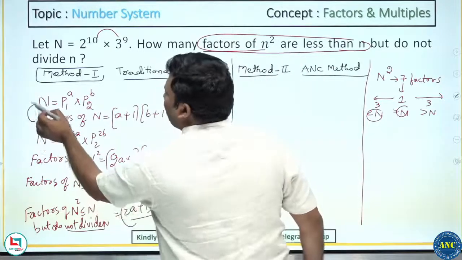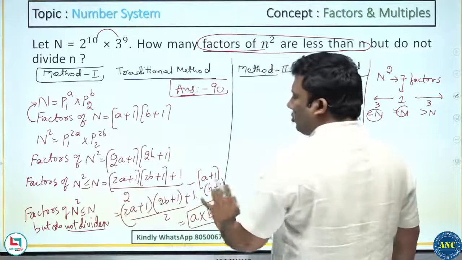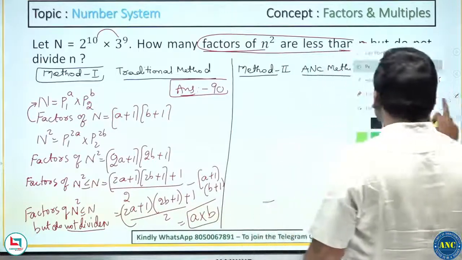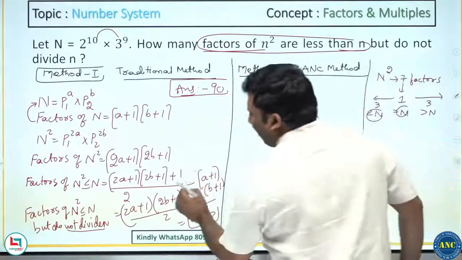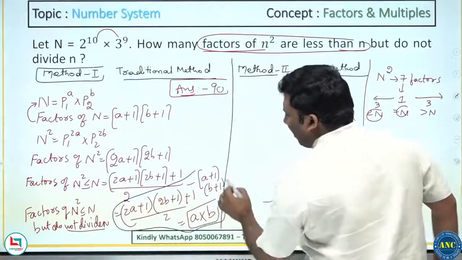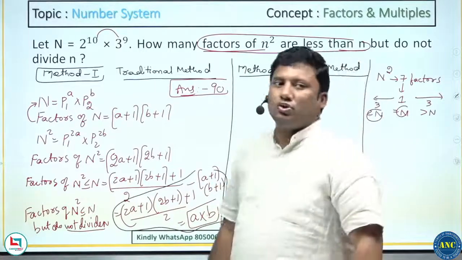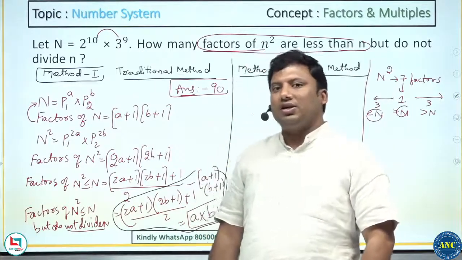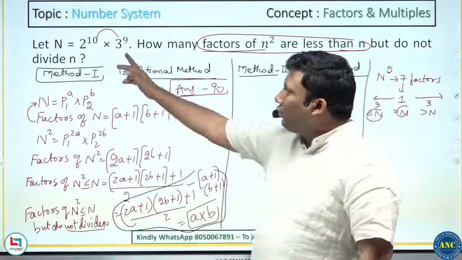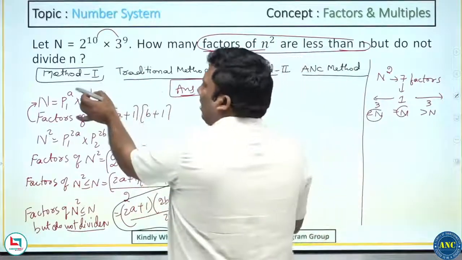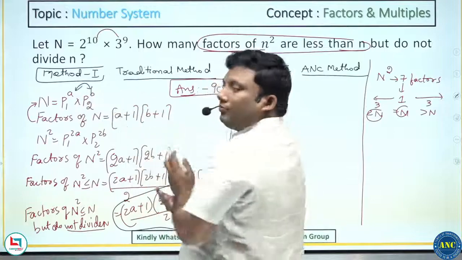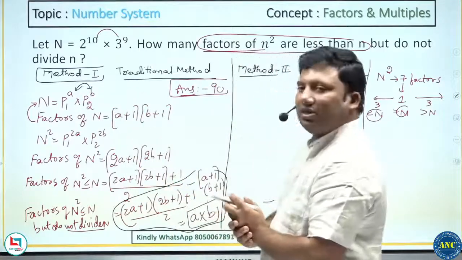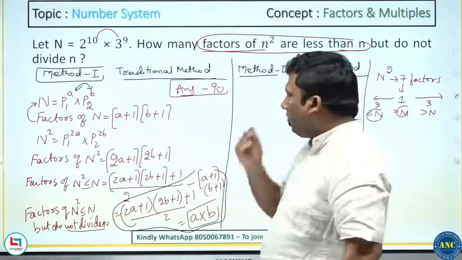These are the numbers whose factors will divide n. I have to subtract the cases. If I do this, I will get the final answer a into b. What are a and b? A and b are the powers. This is one way, mathematical way.